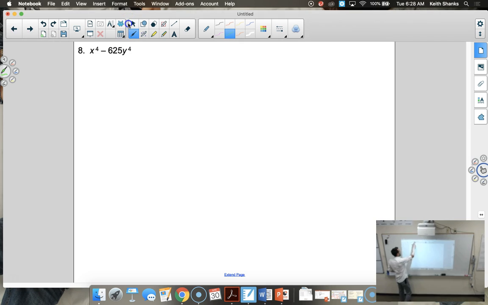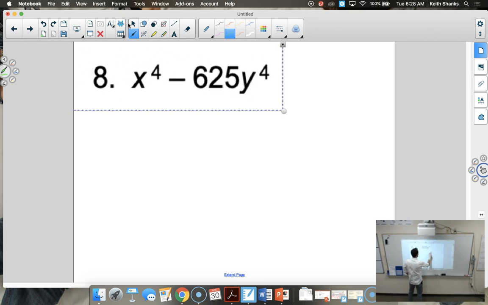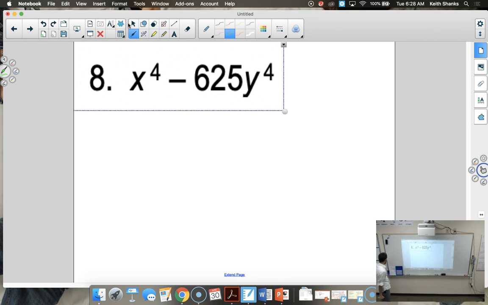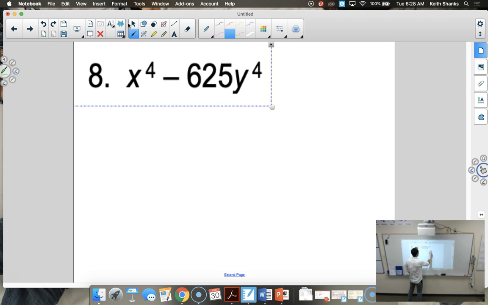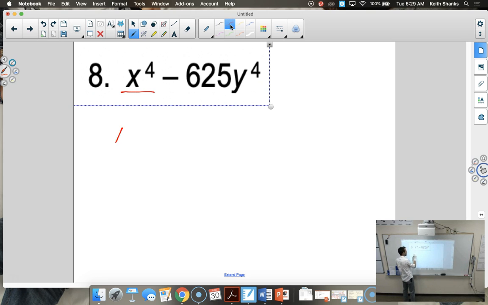This one is actually a difference of squares. These are perfect squares. So as we look at this, you're trying to recognize that the square root of this is x squared. The square root of this is 25y squared.